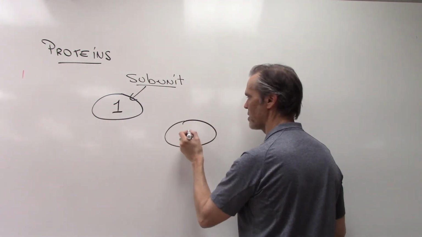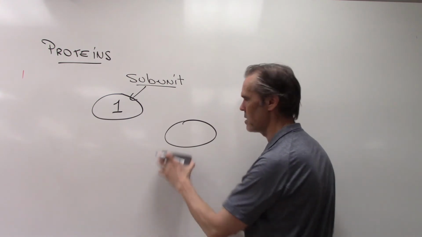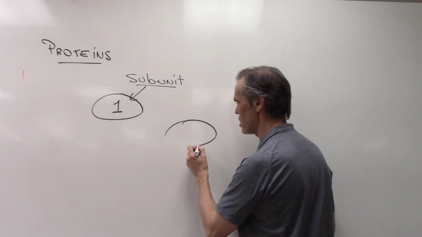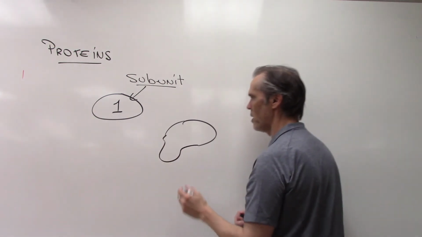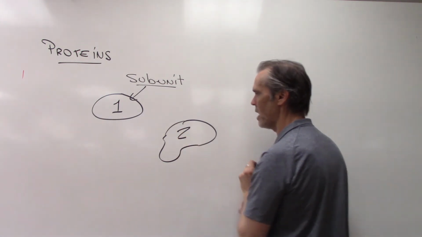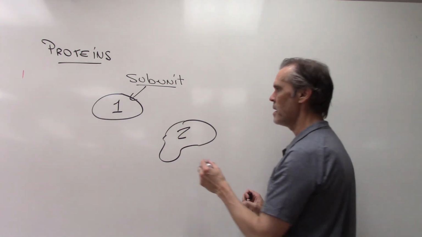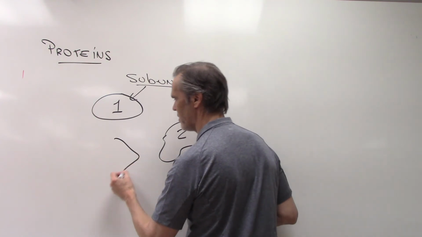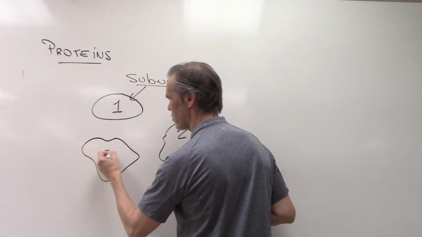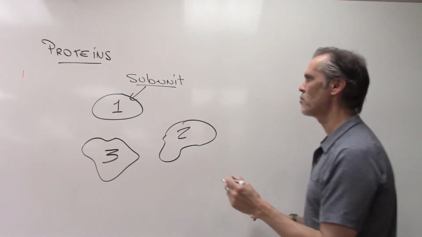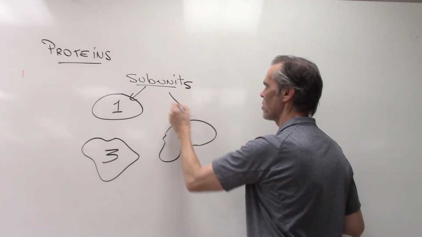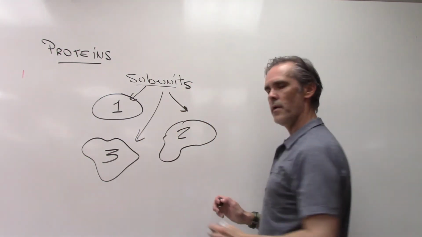Let's say I call this subunit number 2, and let's say that subunit number 2 has a bit of a different shape to it. Now we know why there can be different shapes, right? And then let's say I have another one, subunit number 3 right here. So I have 3 subunits: 1, 2, and 3.